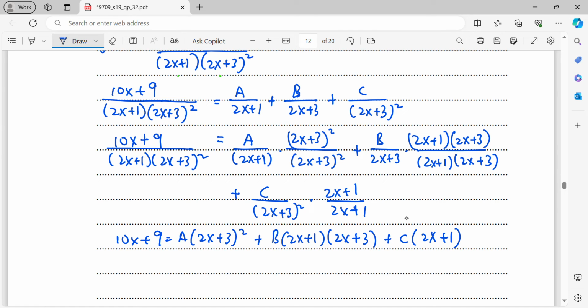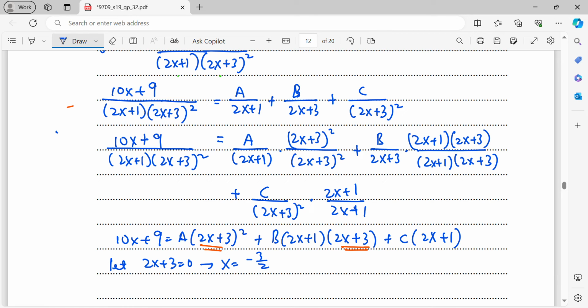So to get all the unknowns, just let the factor be 0. Okay, I will let this 2x plus 3 be 0. At the same time, the A and B will be missing in your calculation because they both multiply with 0. So I let 2x plus 3 equals to 0. That means my x is negative 3 over 2.